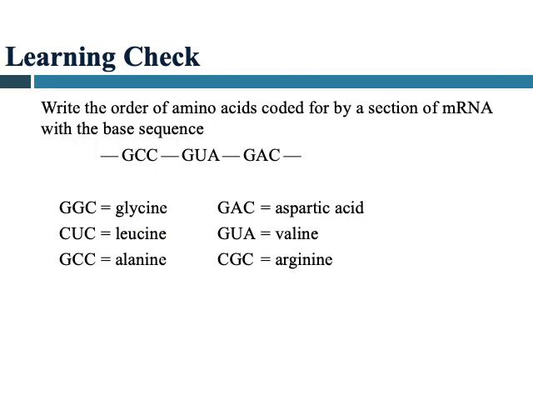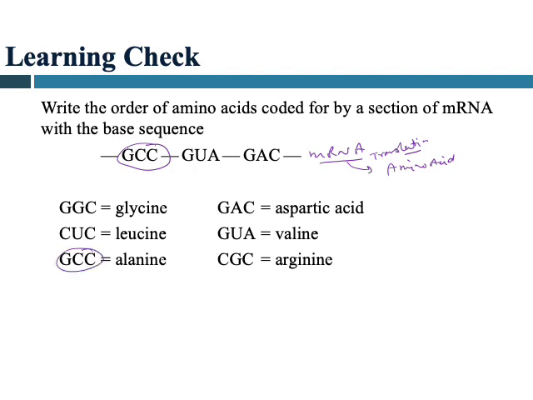Okay, so let's take one more example. So this is your mRNA, and you need to tell me the sequence of the amino acids once you do translation. This is the process, translation, right? So you have GCC.